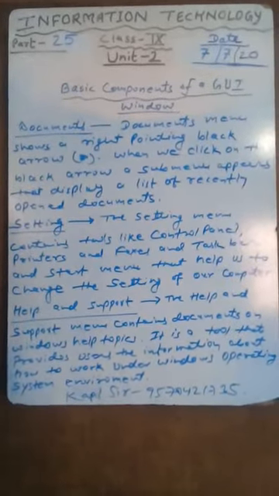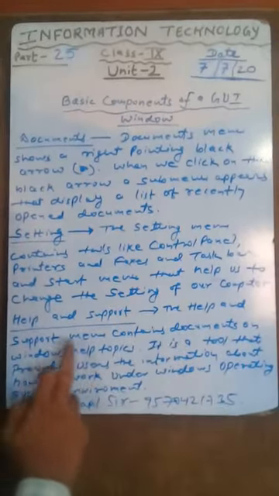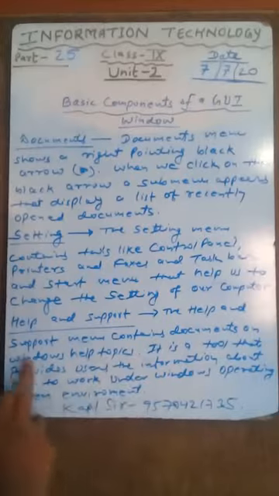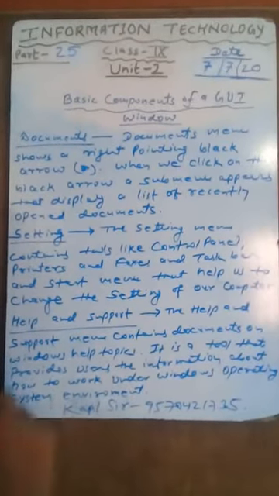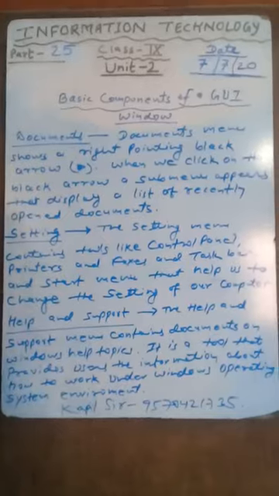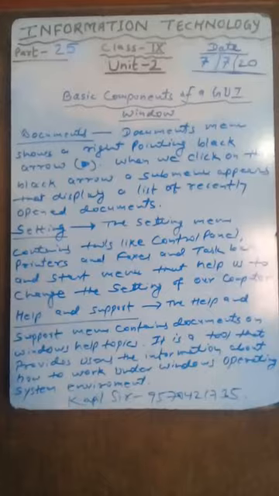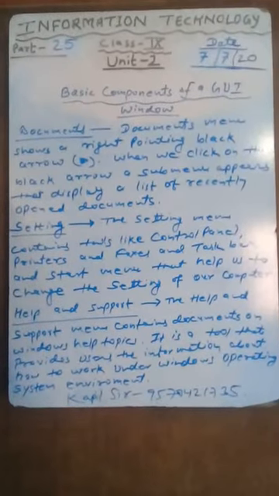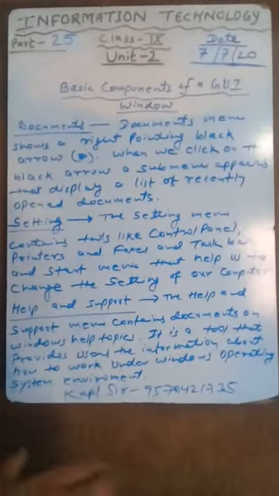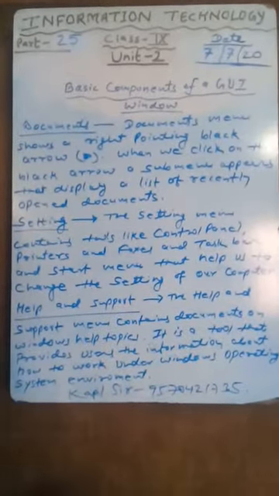Our next point is Help and Support. The Help and Support menu contains documents on Windows Help topics. If we have any type of problem in our system and want some help, then our system gives us help with the help of the Help and Support menu.